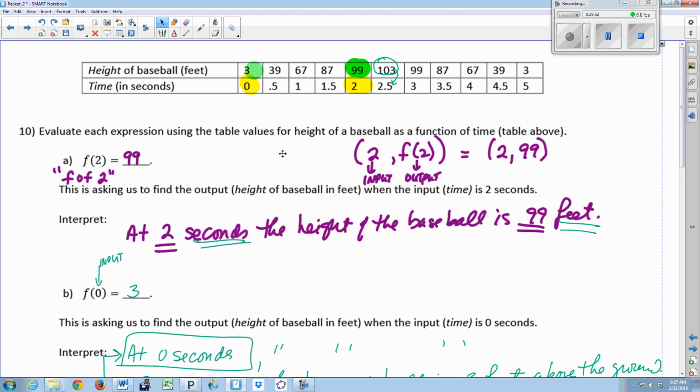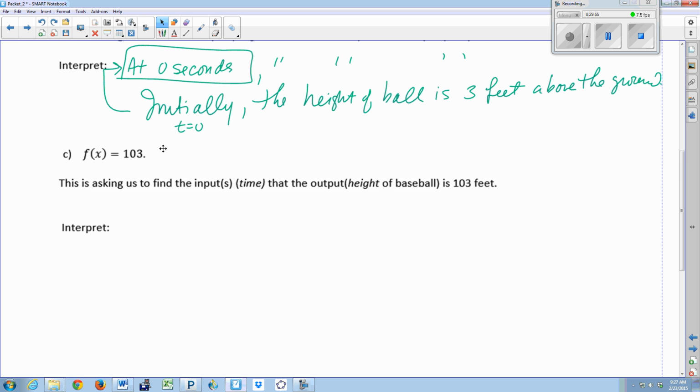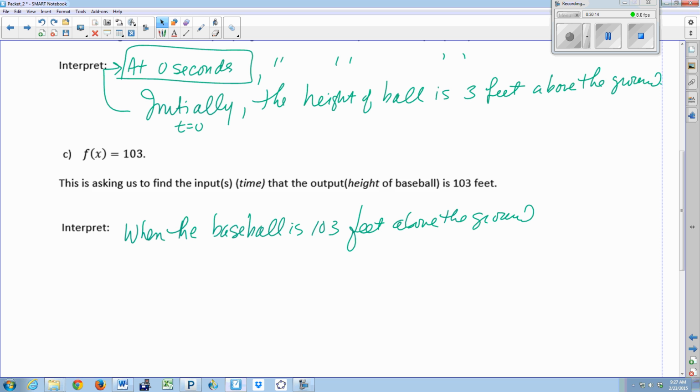So now look at how your sentence changes a little bit. Because I'm given 103, you can say now, when the baseball is 103 feet above the ground, how many seconds was it above the ground? 2.5 seconds will have passed.